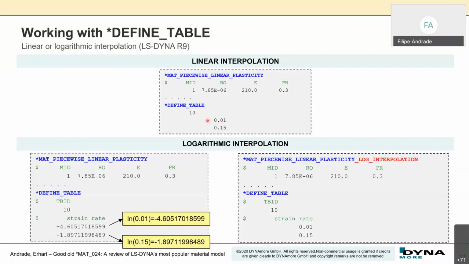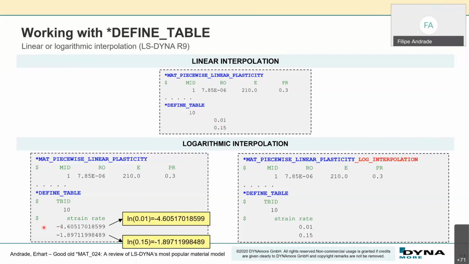If you want to work with logarithmic interpolation, there are two ways. There's the old way. Many old material cards have this already implemented. And how do you do this? Well, LS DYNA will interpret it as a logarithmic interpolation if the first value in the table is negative.